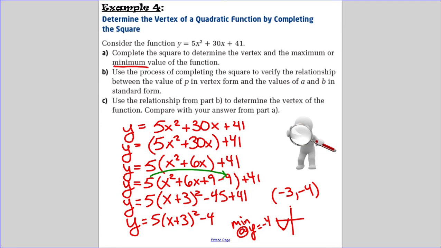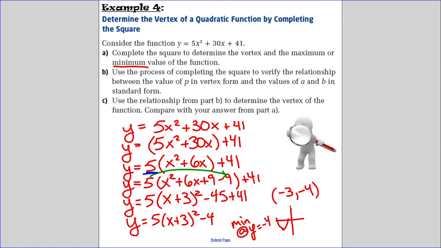Then it says using the process of completing the square to verify the relationship between the value of p in vertex form and the values of a and b in standard form. If we look at what we're doing in this question, we're always factoring out our first term, so we're always factoring out a. This is our step after we group these together.